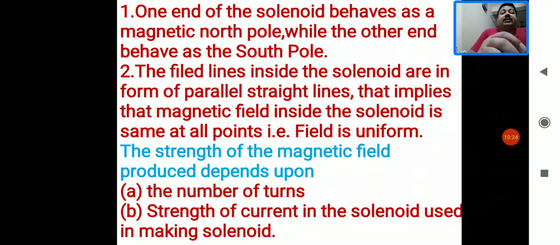And the second thing, the field lines inside the solenoid are in the form of parallel straight lines. That implies that the magnetic field inside the solenoid is the same at all points, that is, the field is uniform. Outside, it is always in a closed curve.